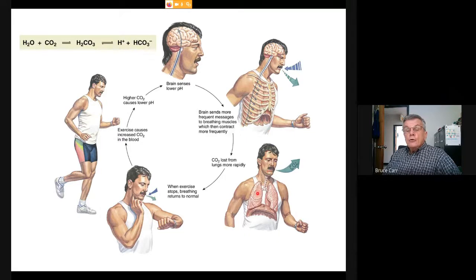We are going to purge that CO2 as we exercise. When we stop, of course, we breathe hard for a while. And the main issue is, when are we going to restore our CO2 balance to normal? And then we can slow down the CO2 loss and oxygen increase to match our at rest level of exertion.